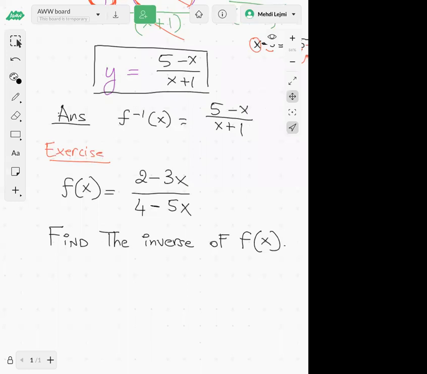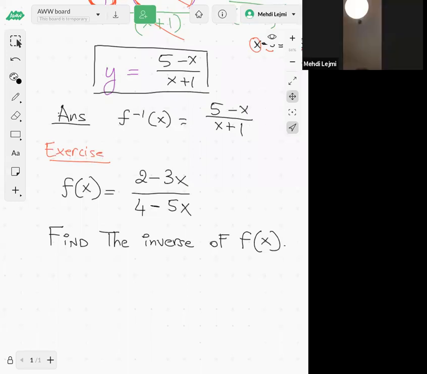Oh, but it's almost the answer, but there is one mistake with the sign. I think it should be minus 5x in the denominator. I think it should be 3 minus 5x in the denominator. I mean, you almost got the answer, but it should be minus 5x.